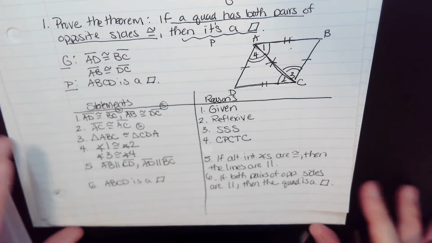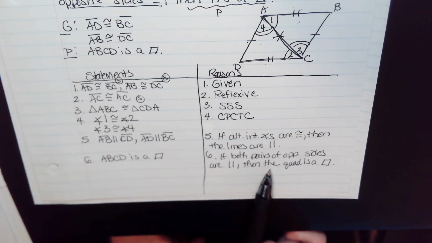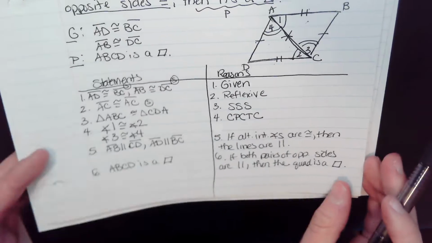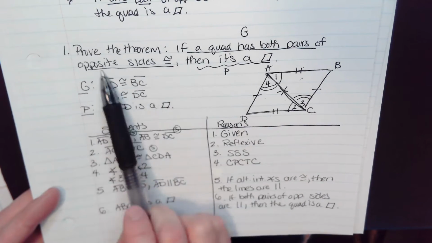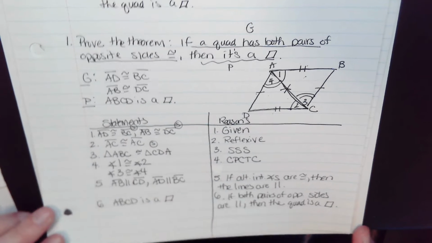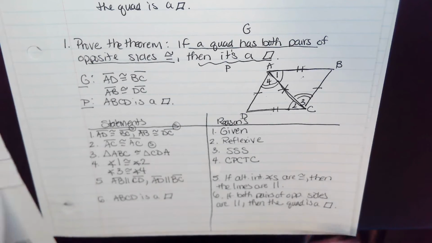So I've proven something is a parallelogram by definition of a parallelogram, that both pairs of opposite sides are parallel. And I've also proved this theorem that if a quad has both pairs of opposite sides congruent, then it's also a parallelogram. So I can't use that exact theorem, but I can use something that comes before that, so that definition.